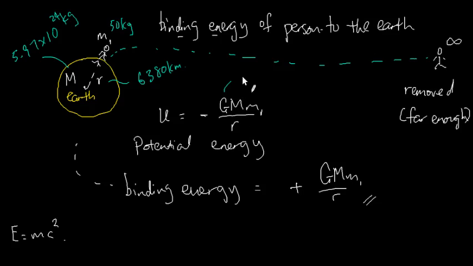G is 6.67 times 10 to the minus 11 in SI units.